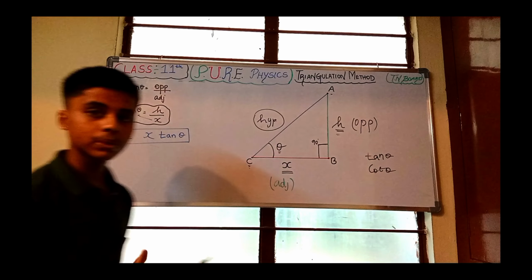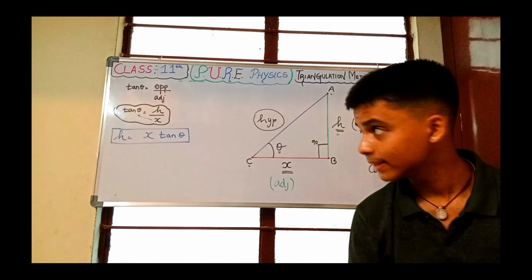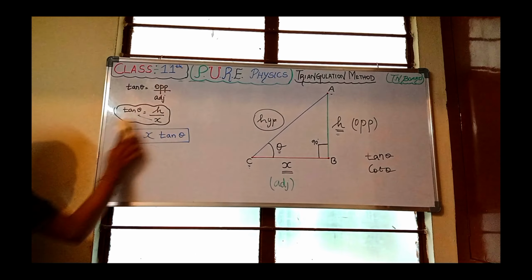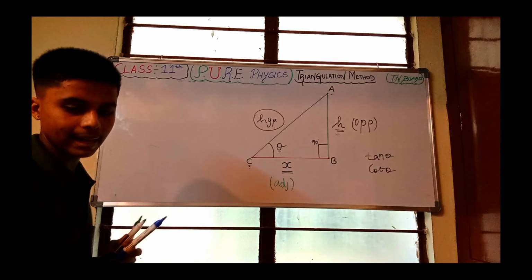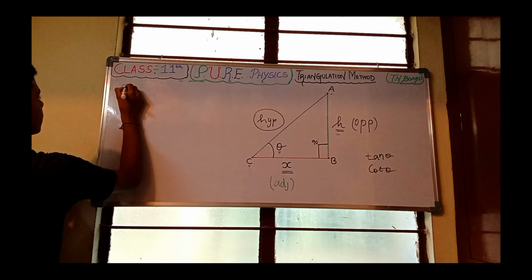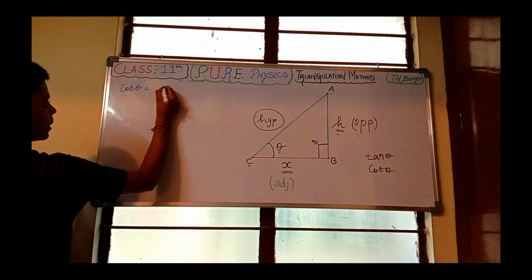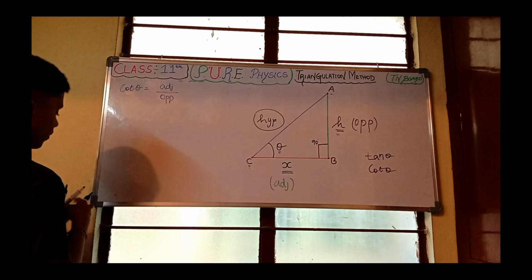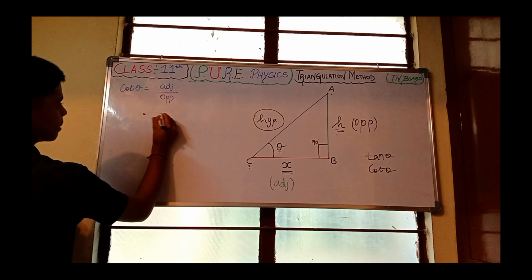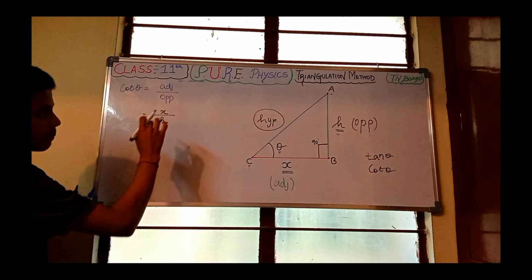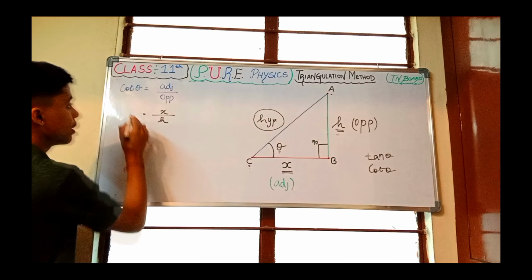So this is my final expression. Now, how do I get this expression from cot theta? I know cot theta as adjacent by opposite. Opposite is H. Adjacent is X. So adjacent by opposite is X by H, which is cot theta.